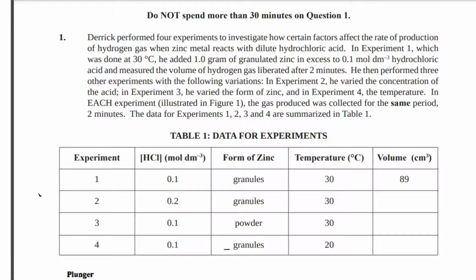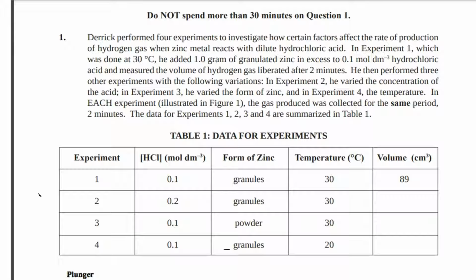So let's go. It reads, Derek performed 4 experiments to investigate how certain factors affect the rate of production of hydrogen gas when zinc metal reacts with dilute hydrochloric acid. In experiment 1, which was done at 30 degrees Celsius, he added 1 gram of granulated zinc in excess to 0.1 mole per dm cube hydrochloric acid and measured the volume of hydrogen gas liberated after 2 minutes.